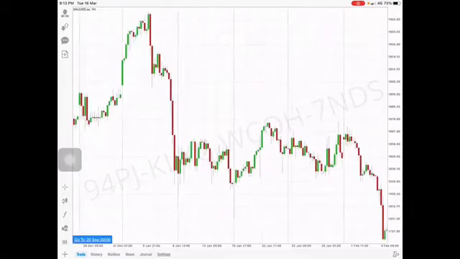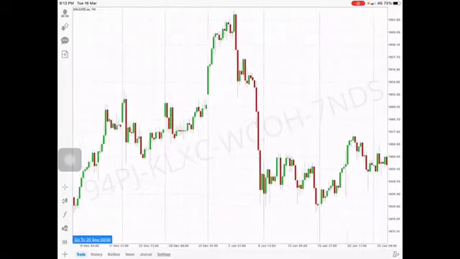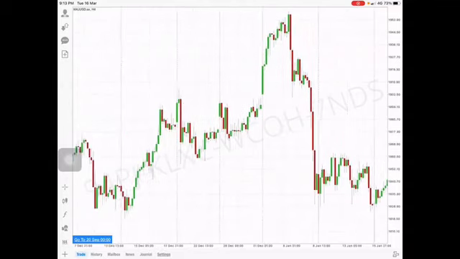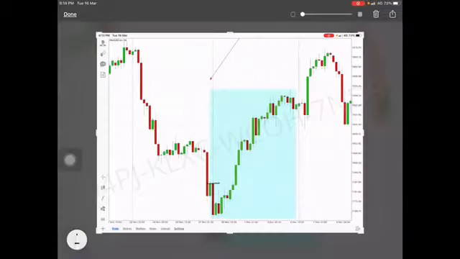Remember, if it wants to go up, what does it need to do first? If it wants to go up, where does it need to go first? Down. Yes, so it's going to go down to the low first.